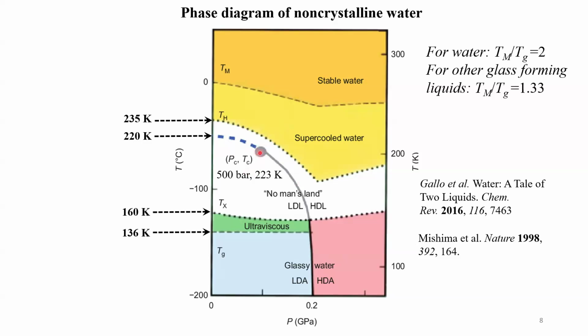Then there is a dashed line that emanates from this critical point, that is the Widom line. The Widom line is the extension of the critical point. That is also there in the liquid vapor case, and by the same analogy, this line was named the Widom line. Now what happens as you decrease the temperature at a constant pressure? First you are in the stable state, then you go to the supercooled state, then you slowly cross this Widom line.